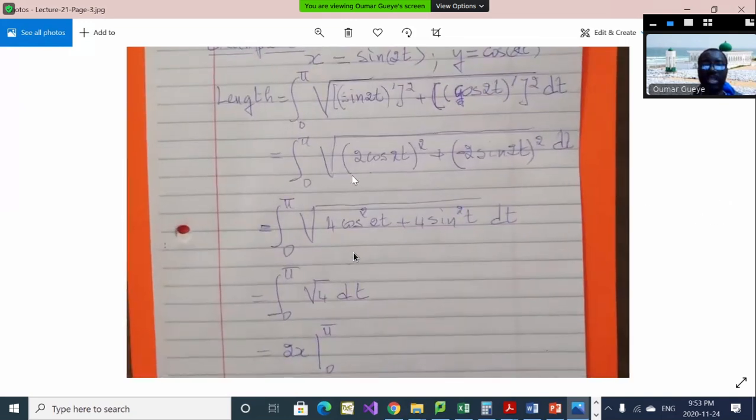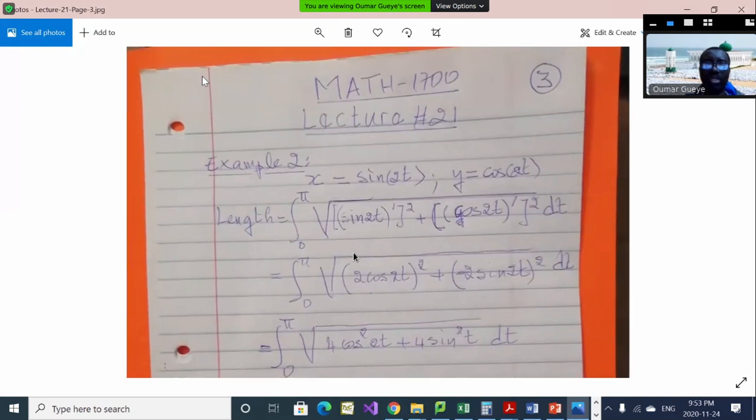For the first example, just apply exactly what the formula says. I'm just going to remind you here.